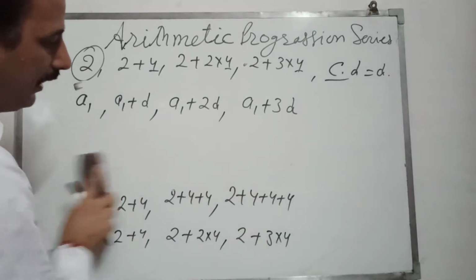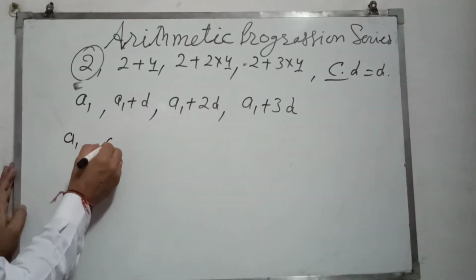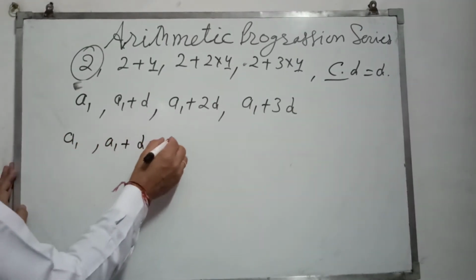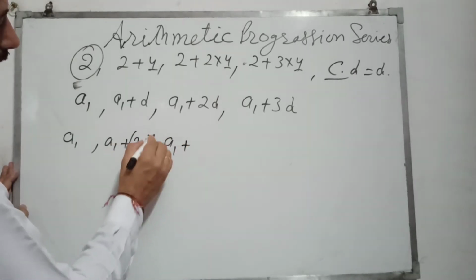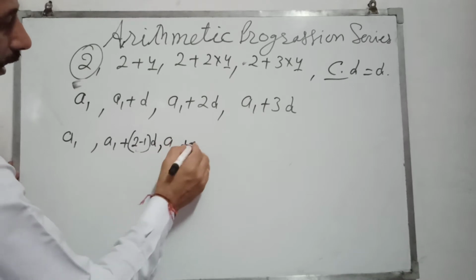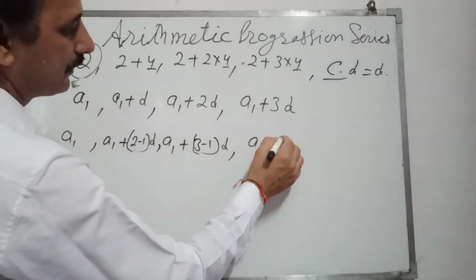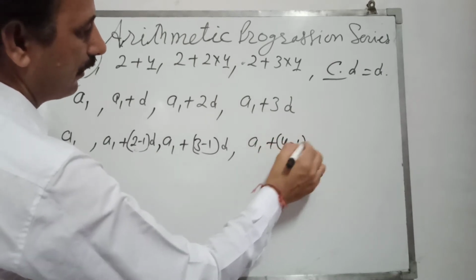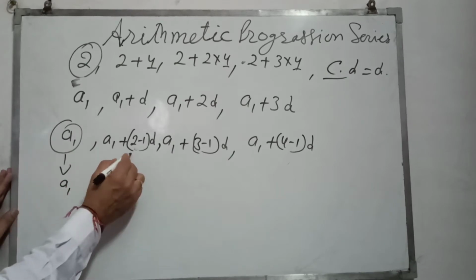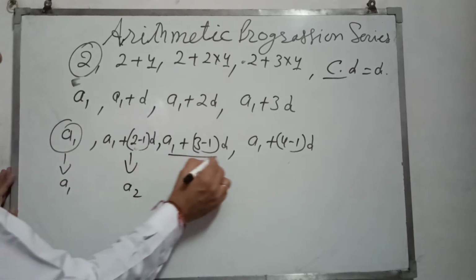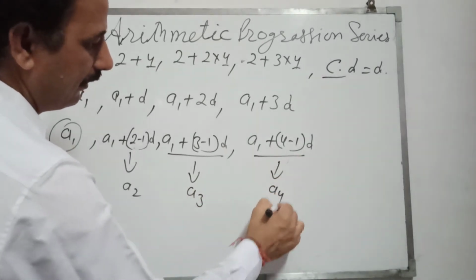We can also write that general form in such a way: A1, A1 plus D, A1 plus 2 minus 1 into D, A1 plus 3 minus 1 into D, A1 plus 4 minus 1 into D. So A1 is the first term, A2 the second term, A3 the third term, A4 the fourth term.